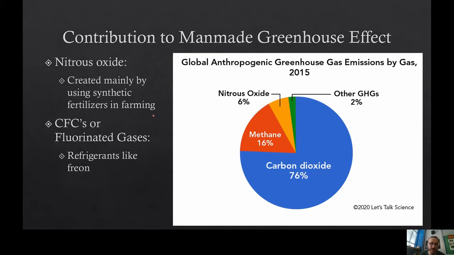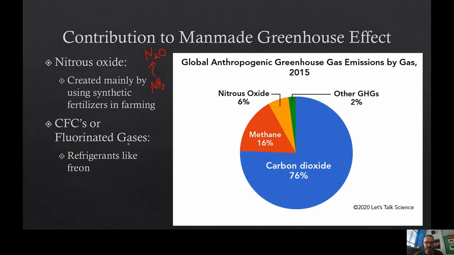Usually it's made of something like ammonia, which is NH3. These bacteria can eat this ammonia, and in the process, they burp out nitrous oxide, which is N2O. So in our soils, in our farms, these bacteria are releasing this stuff as they eat our fertilizer. But regardless, if we didn't put the fertilizer on the farm, then the bacteria wouldn't have the fertilizer to eat. So we're causing that nitrous oxide to be released.